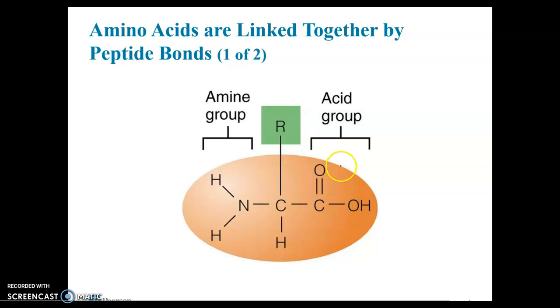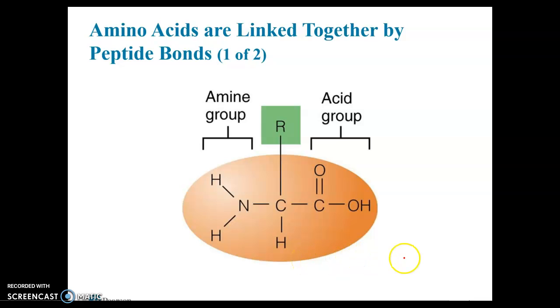And all amino acids look like this. They have a central carbon, and carbon can make 4 bonds, right? The functional group that's bonded to carbon on the left side here is an amino group or an amine group. It's got nitrogen in it.